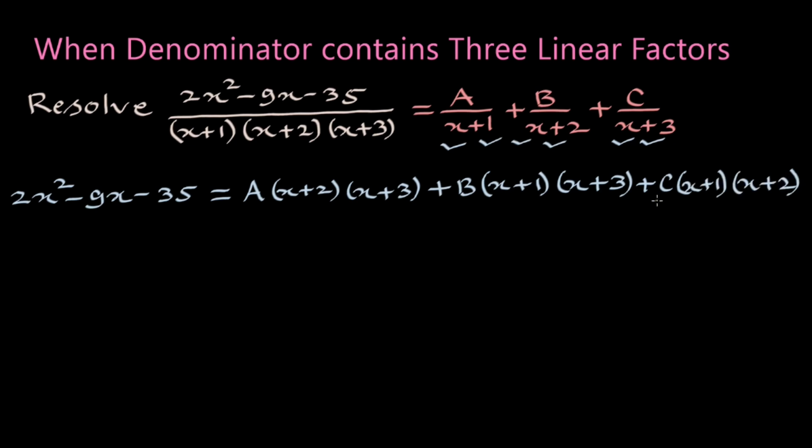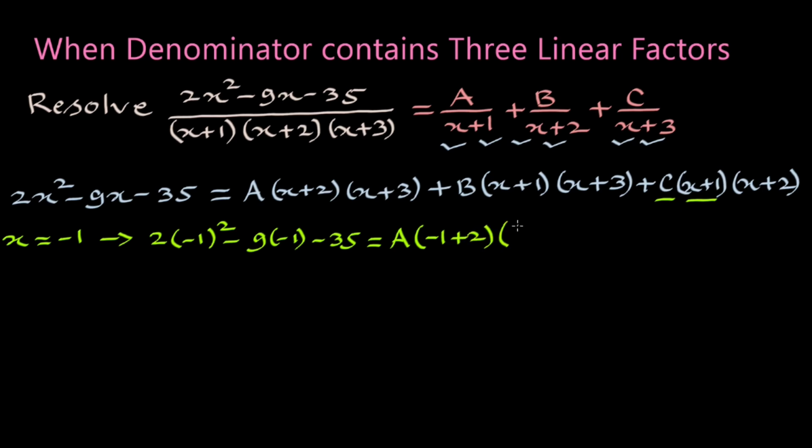Now to eliminate this C, we will put x equals minus 1. So x equals minus 1 gives 2 into (minus 1) square minus 9 into (minus 1) minus 35 equals A into (minus 1 plus 2) into (minus 1 plus 3). Because x plus 1 is 0, B will also get eliminated.